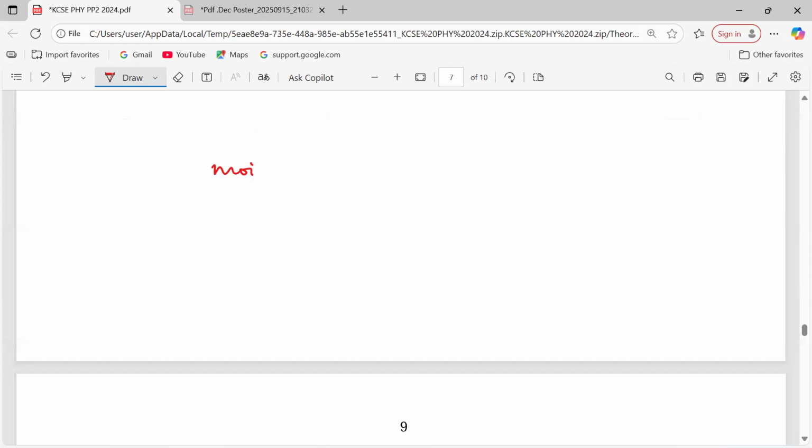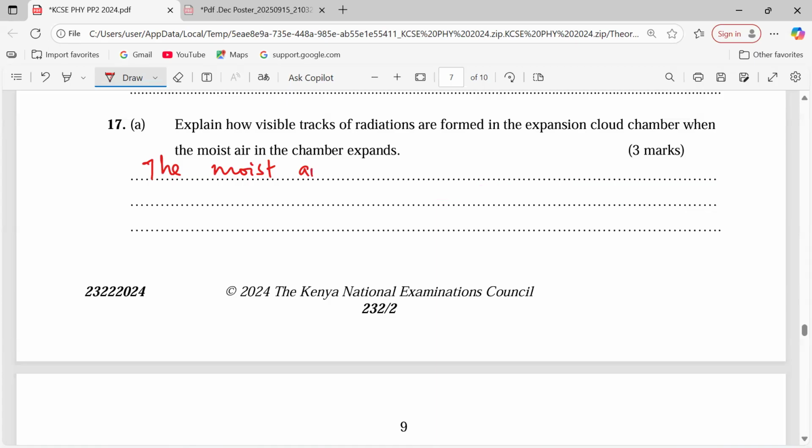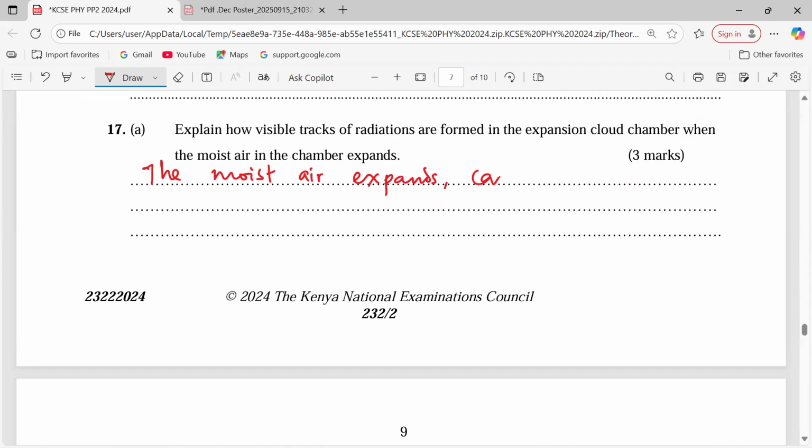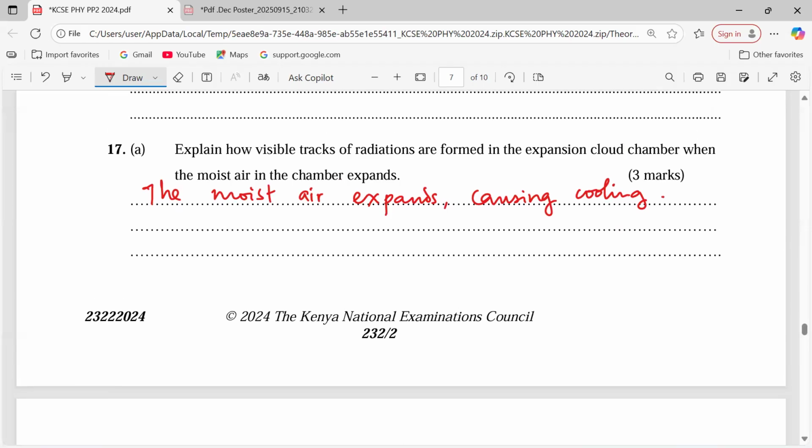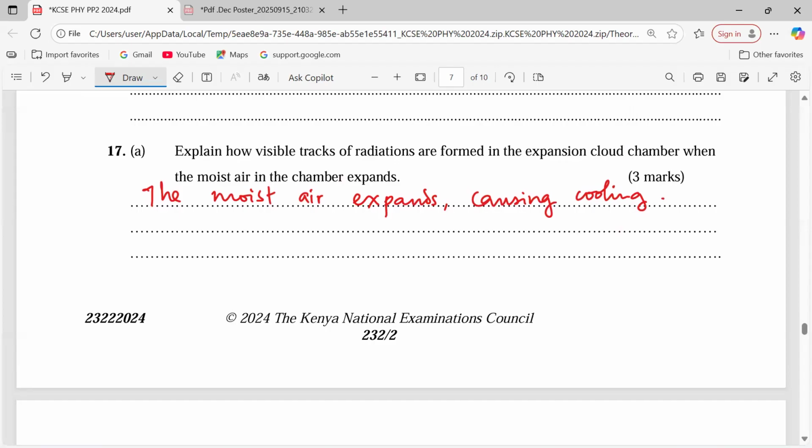The moist air expands, causing cooling. And as the cooling occurs, the radiation ionizes. You know, all radiations have what we call ionization effect.